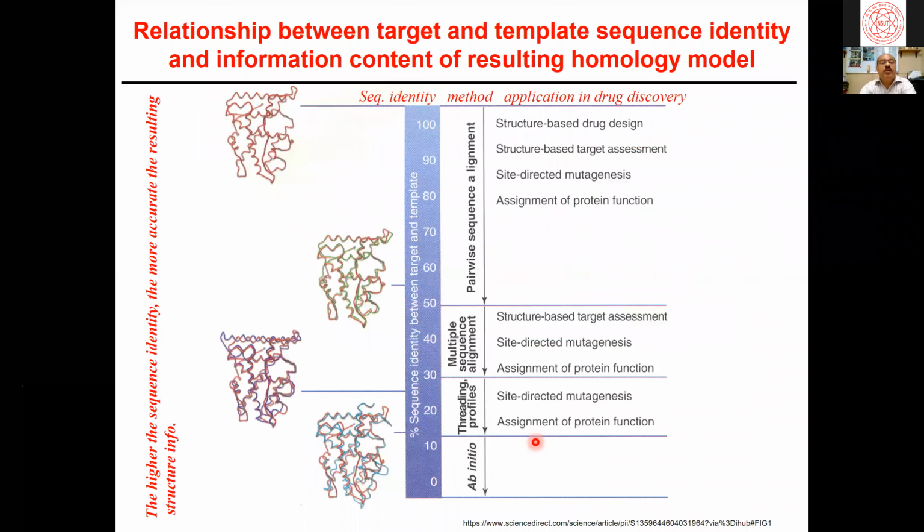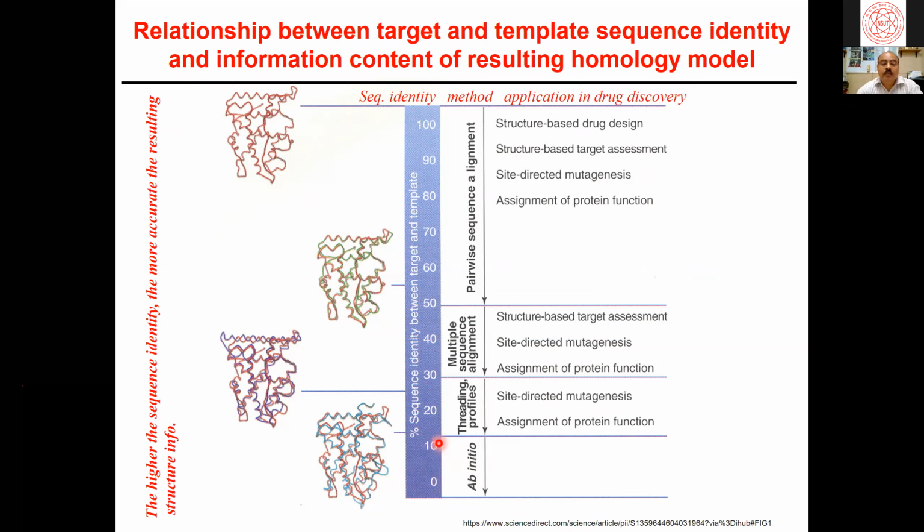Right? So if you look at the relationship between the target and template sequence identity in homology modeling and the information content of the resulting model, you see that the higher the sequence identity, the more accurate the resulting structural information. If you don't have any template, you use ab initio methods, that is, models are built without any template, and the quality of these models is generally not good.